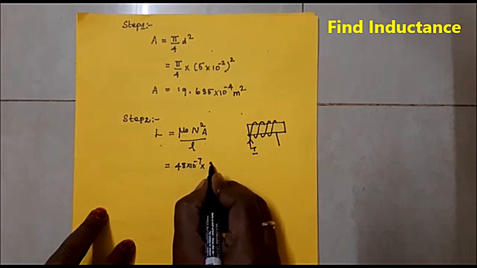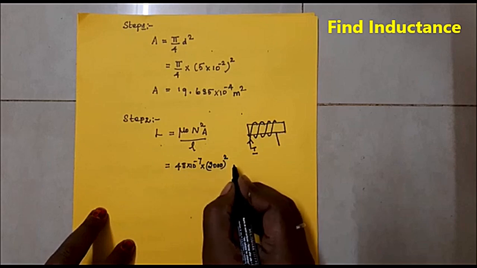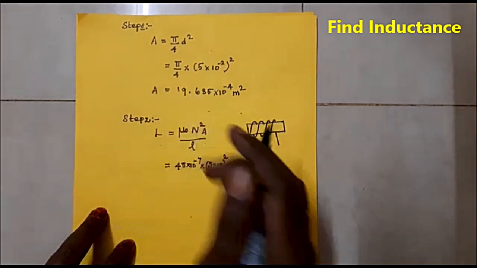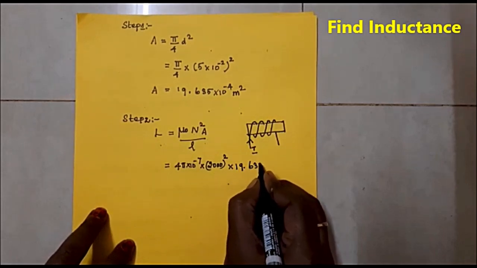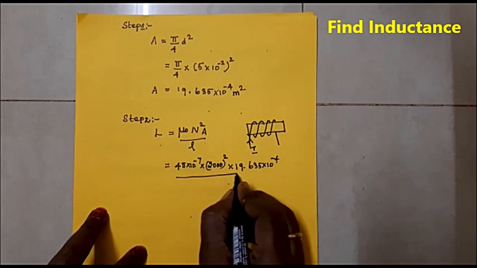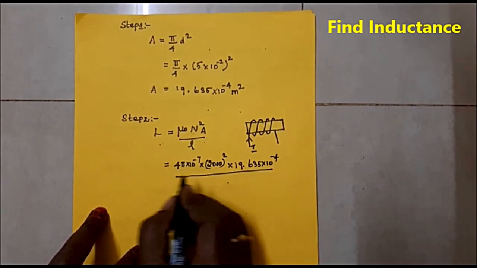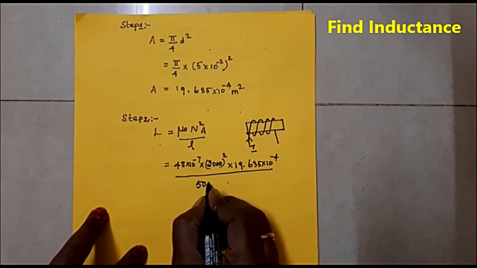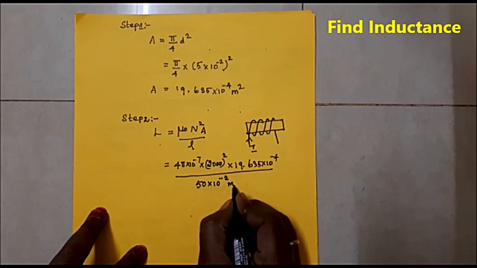N is 2000, so we substitute N square, and A we have already found in step 1, 19.635 into 10 power minus 4, divided by L, where L is the length of the solenoid, 50 into 10 power minus 2 meter.